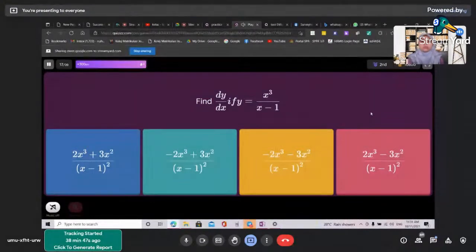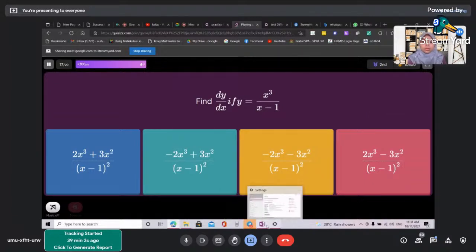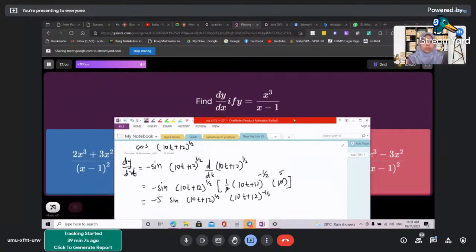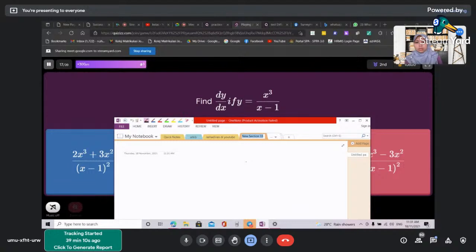Okay, so now you have a fraction, function divided by function. So what rule should we use? Quotient rule. So you need to pick the U and V. U must be on the top, V in the denominator.